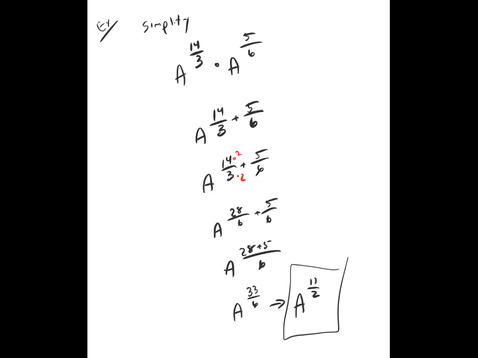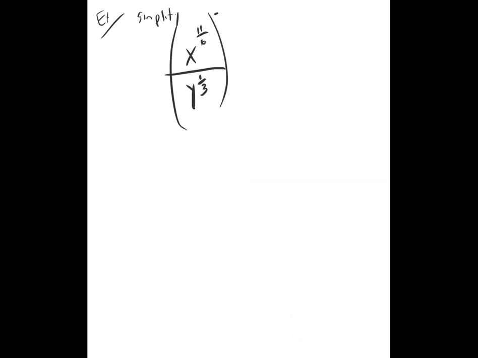Okay, and let's do one last one. Simplify. x to the power of 11 over 6 over y to the power of 1 over 3, that's taken to the power of negative 3 over 11.